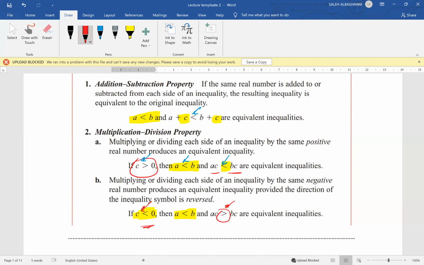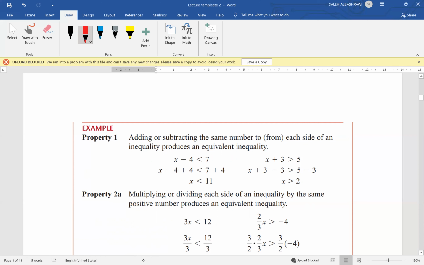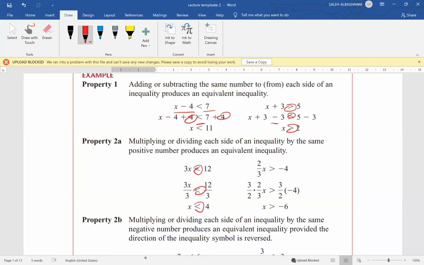And these are examples for this property. I have x minus 4 less than 7. We add 4. So this will not change the sign of the inequality. Similarly, if we subtract, see, no change of the inequality. For the property 2a, 3x less than 12, divided by 3 will not change the sign, it will remain the same.